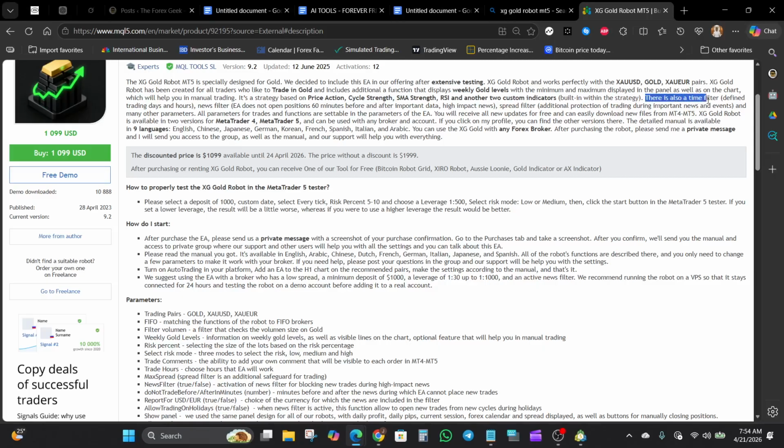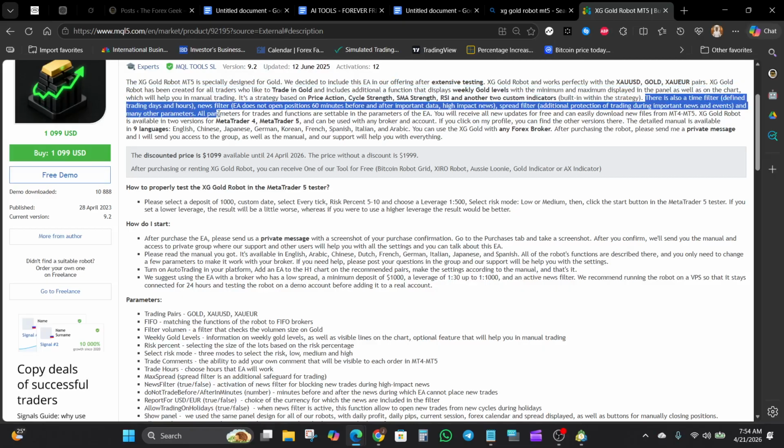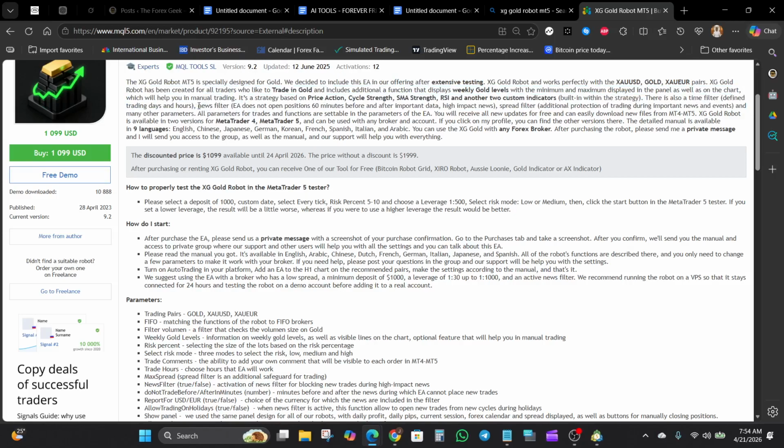You can see we have the time filter here, so it only trades during selected hours or days. Then we also have the news filter, which avoids trading before and after major economic events. You can see it does not open positions 60 minutes before and after important, high impact news.